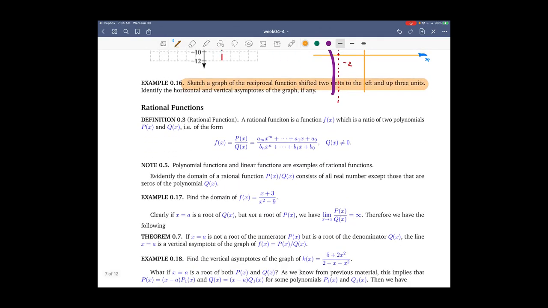All right, let us finally define the concept of a rational function. To put it simply, a rational function is a ratio of two polynomials.